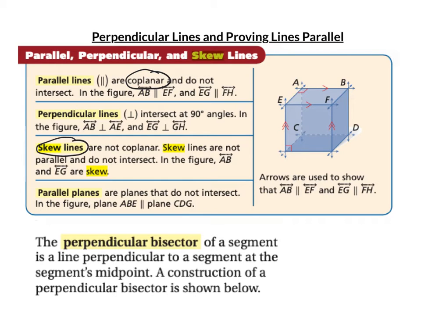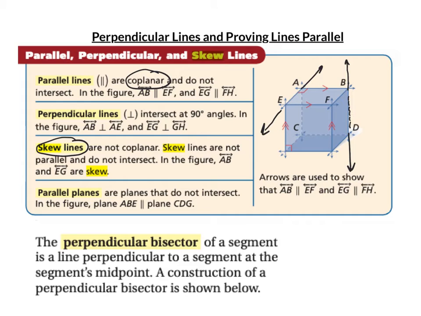So let's take that line EA that we had just a moment ago, and let's consider that and the line BD, the one that goes straight up and straight down. Now, it may not be perfect here in the picture, but if I extended those lines forever, they would never meet, but clearly they are not parallel. So skew lines are not coplanar, and they never intersect.